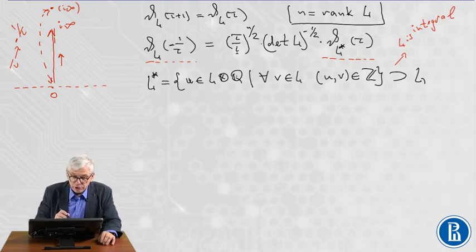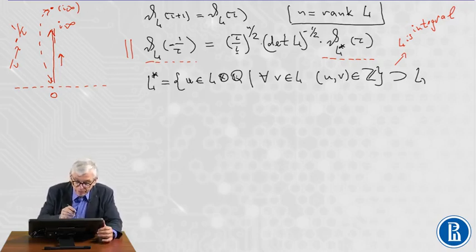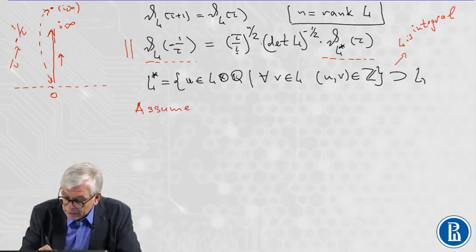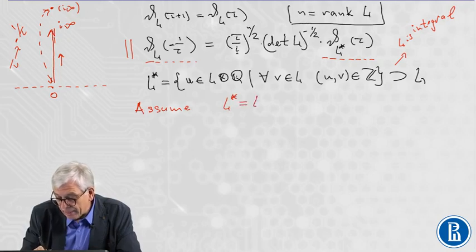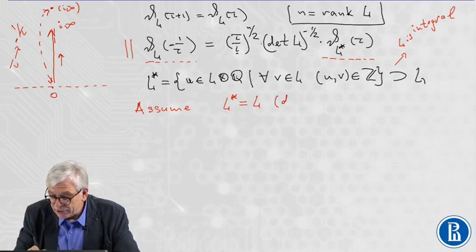So this functional equation, which is really some hidden symmetry of our theta function, has a very nice form if the lattice L is unimodular. Let's assume that L dual is equal to L. This is equivalent to the fact that the determinant of L is equal to 1.